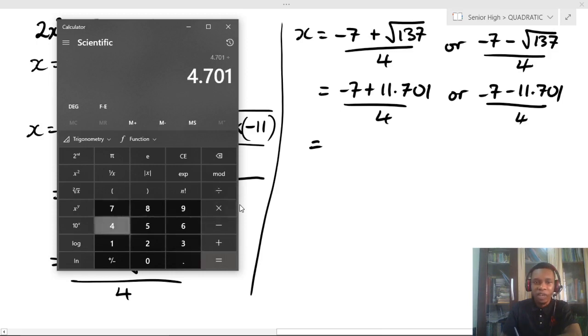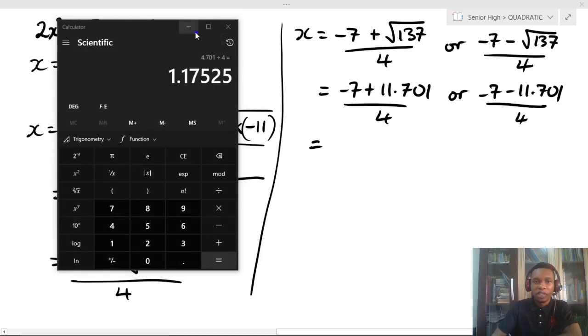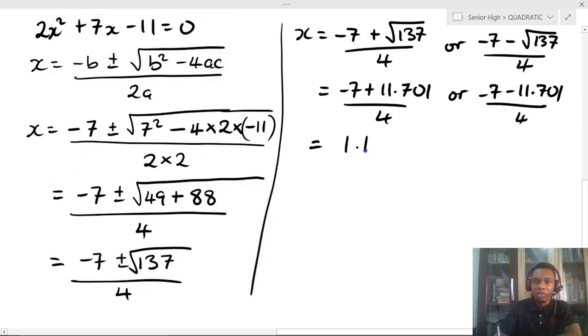When we get the answer divided by 4, what's our value? We have 1.17525. Wow, that's long.